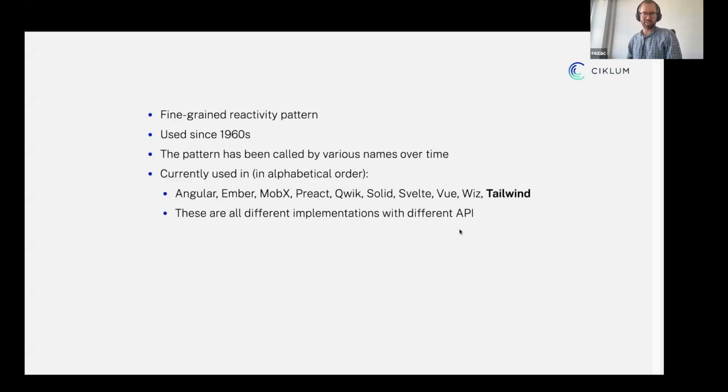And I'm adding Tailwind. It's actually not JavaScript at all. It's just CSS, but it leverages a similar pattern through style queries, something similar to media queries, where the style query depends on some other styles.